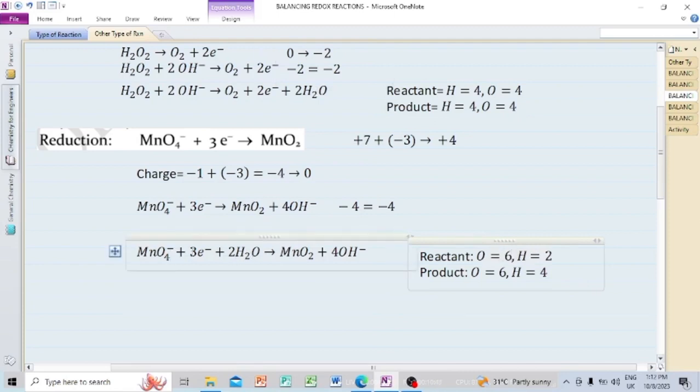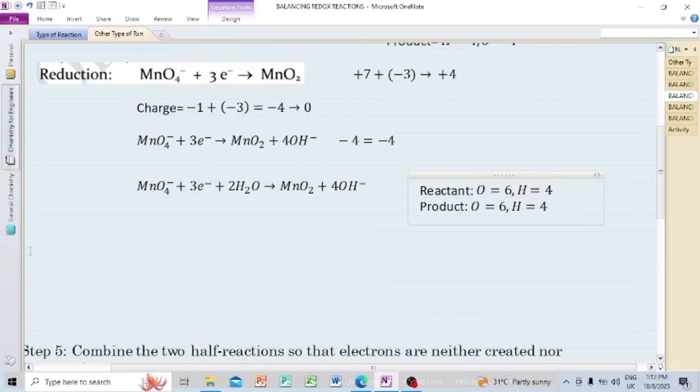For our hydrogen naman, we have 2 times 2, we have 4. And on the product side, our oxygen is 2 plus 4 is 6. For our hydrogen, we have 1 times 4 is 4. So, balance na.